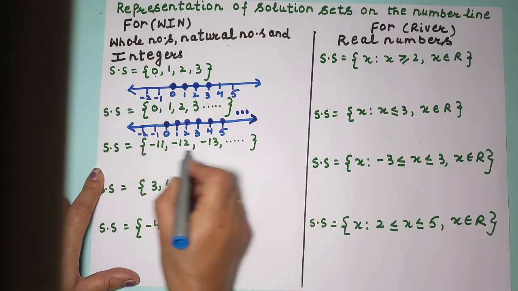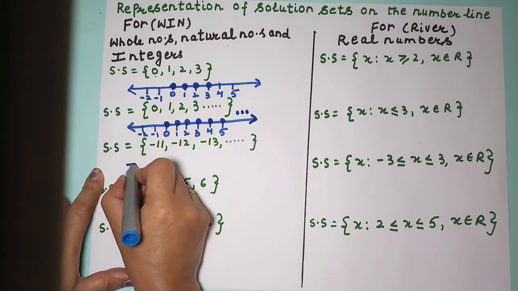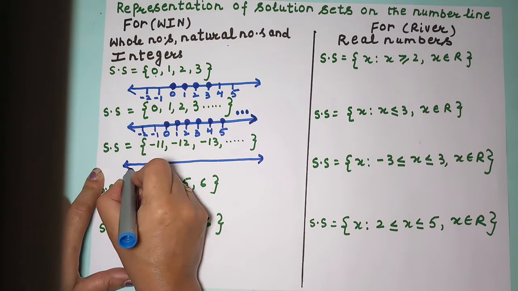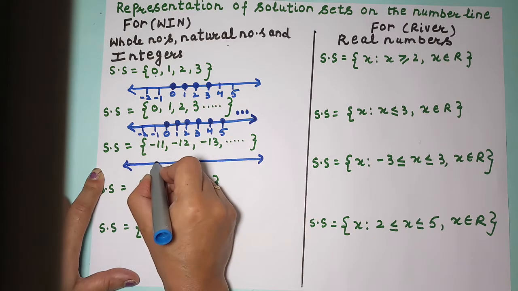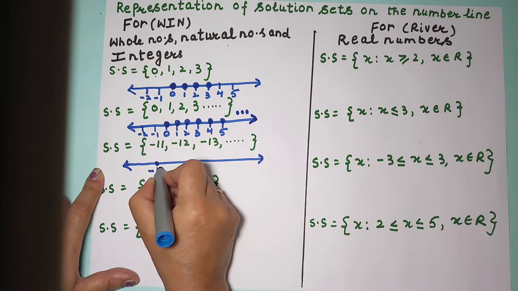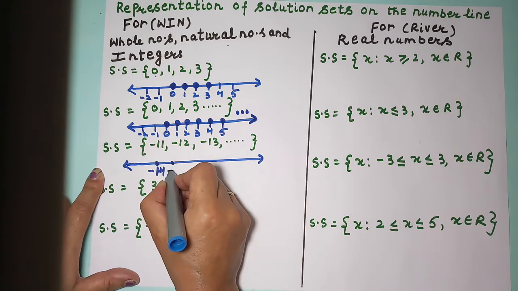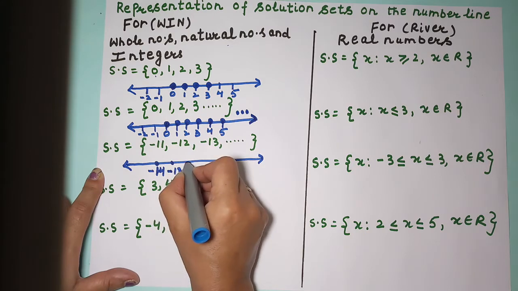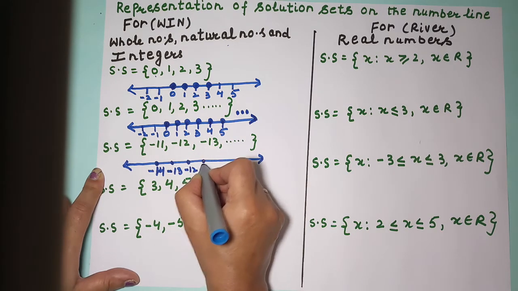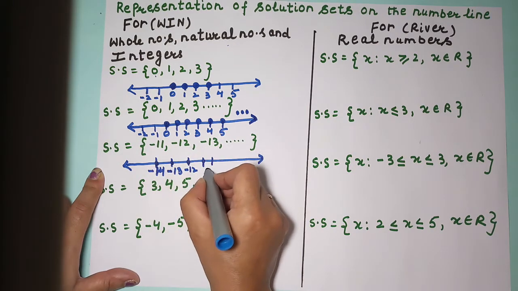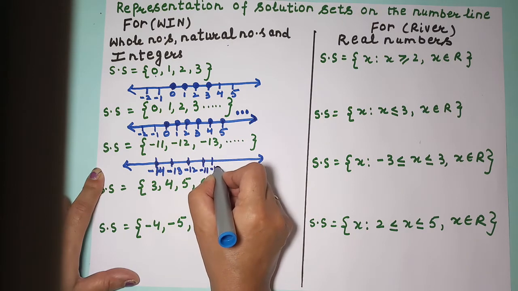Then we'll go to this part. It seems these are integers. So we will draw a line, arrows on both sides of this line, and then write -14, -13, -12, and then -11, -10.